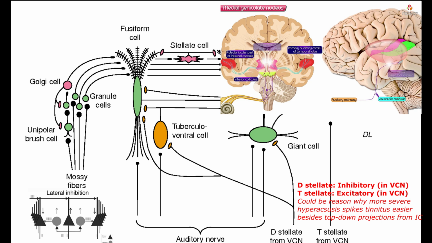But if 50 fusiform cells, which are, for example, all tuned around 4 kilohertz, lock their firing rhythms due to shared excitatory inhibitory loops being off balance, that collective strong signal is more likely to get through the thalamus and be perceived as an actual sound, or tinnitus.